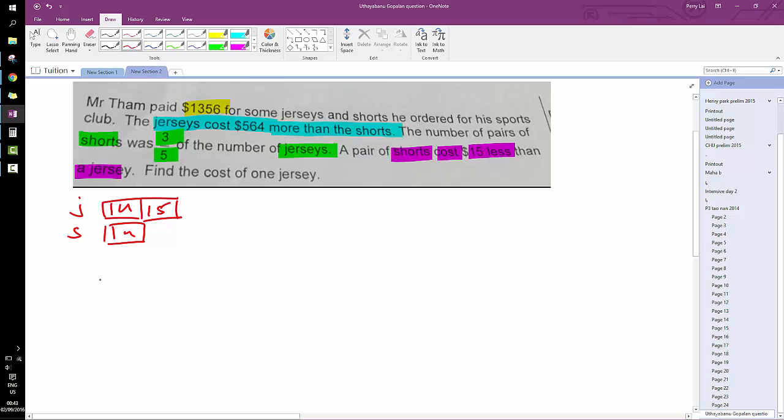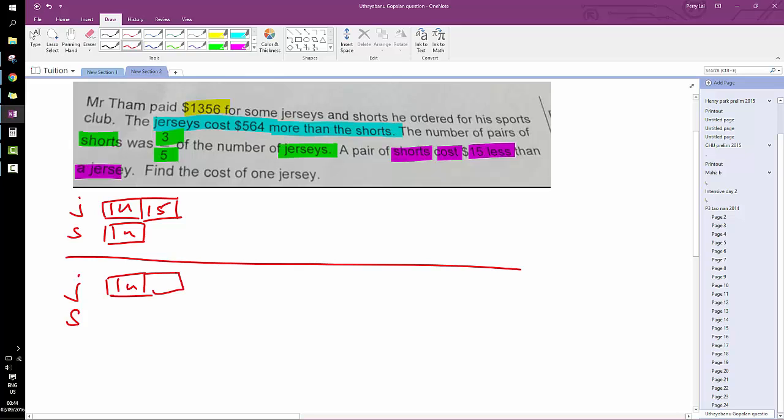If there are 5 jerseys, then it's going to look like this. Let's say there are 5 jerseys and 1 short. It's going to look like this. They're going to be 5 units. So 1, 2, 3, 4, 5 units. But there should be an additional 5 times 15 here, because for every 1 unit there's an extra $15 for jerseys, right?